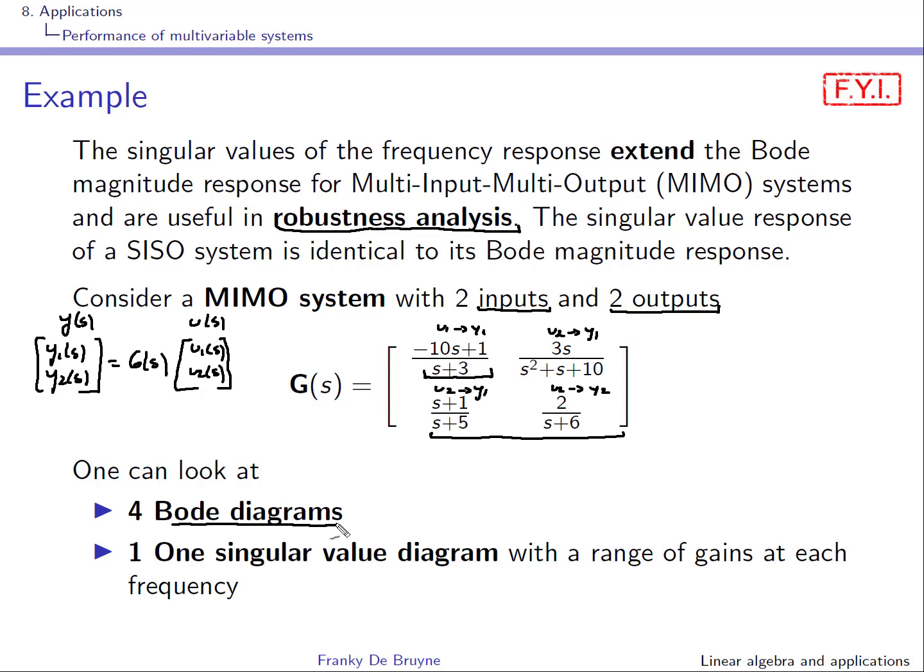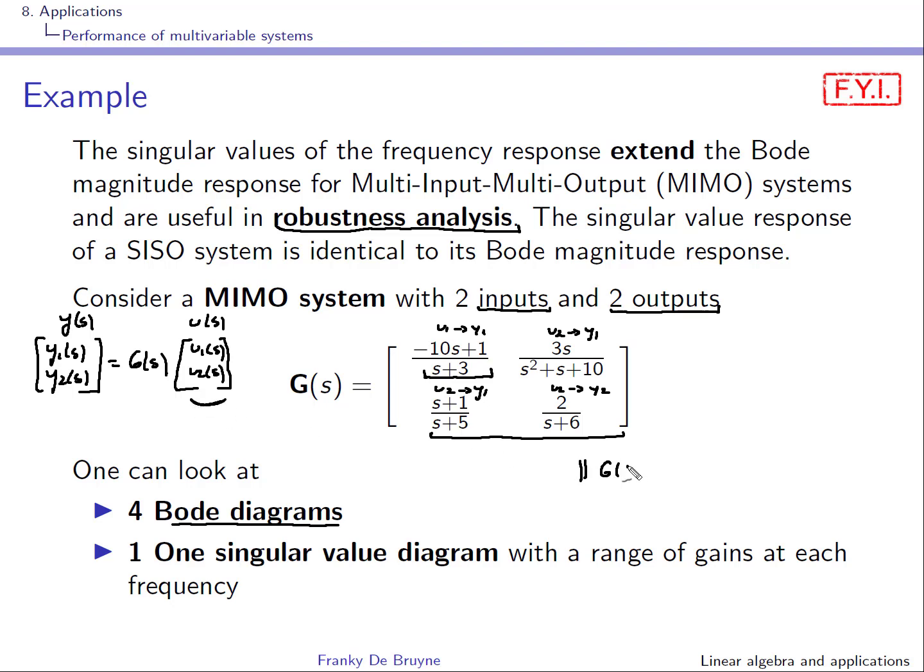Okay, so what you could do is look at the gain here, and what you have to understand is that the gain, when it's multivariable, depends on the direction that you're looking, and the direction depends on the type of vector that you have at the input over here.